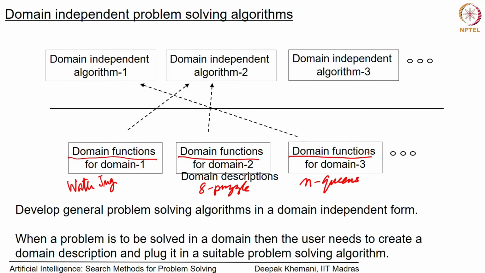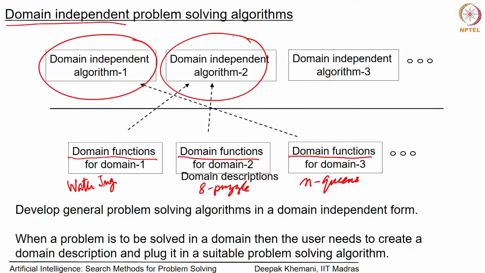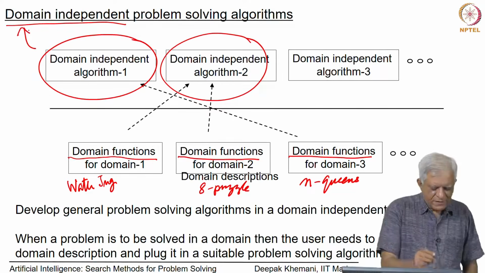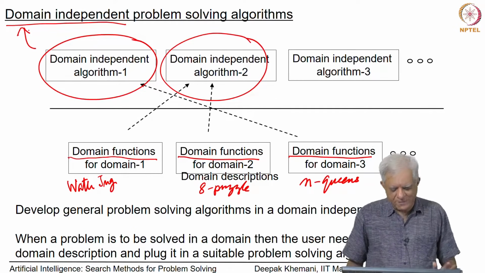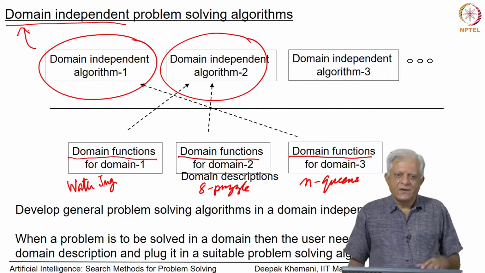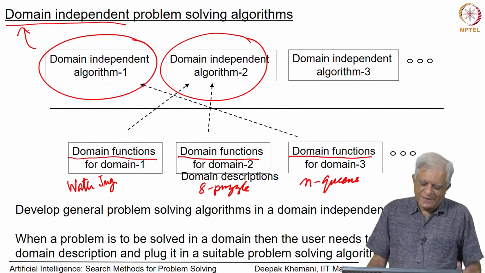Our focus will be on domain independent methods, and we will look at different kinds of search algorithms. So, you may have algorithm 1 or algorithm 2 and so on. These are all domain independent, which means that we are not writing a program to solve a water jug problem or the 8 puzzle or the n queens or the travelling salesman problem or whatever the case may be.